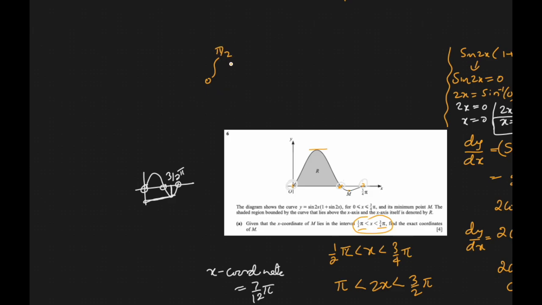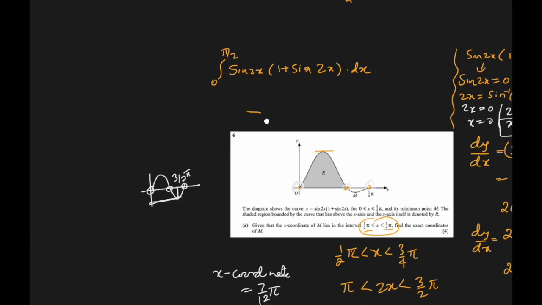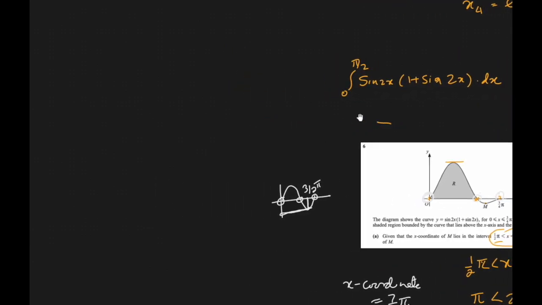Now, sine 2x times 1 plus sine 2x dx is what we have to integrate. Let me open this bracket and make space here so that I can do it easily.